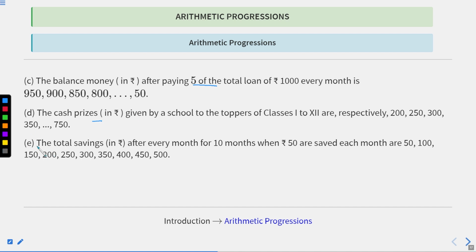And in E, the total savings in rupees after every month for 10 months, when rupees 50 are saved each month, are 50, 100, 150, 200, 250, 300, 350, 400, 450, 500.